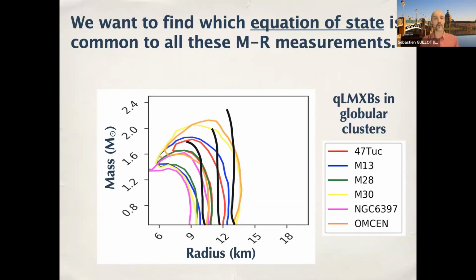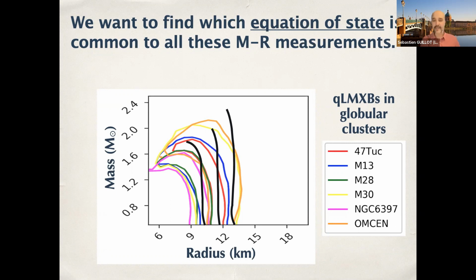So there are multiple different ways to do this: statistical analysis, Bayesian sampling, and so on. What has been done recently is using a parameterization of the equation of state. So instead of testing a single equation of state and then going on to the next one, there have been some ways to represent the equation of state with some parameters.